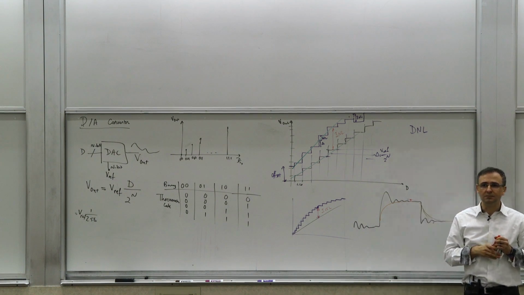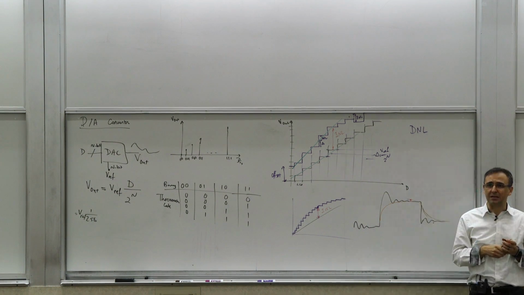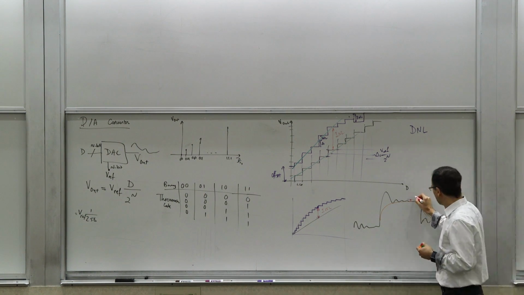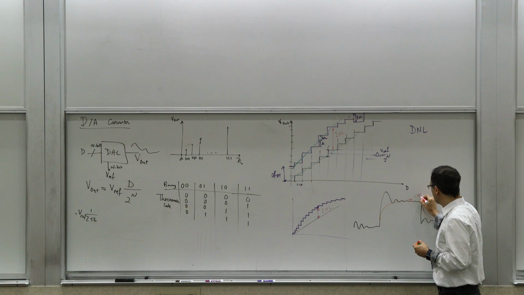Whatever our target resolution is. Target resolution, right? LSB, least significant bit, divided by 2 really, because otherwise it can be confused. So this needs to settle to LSB over 2.